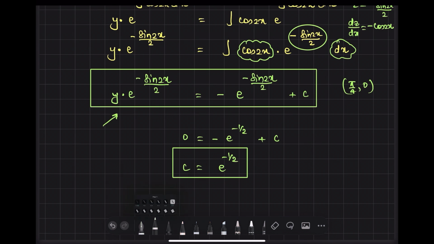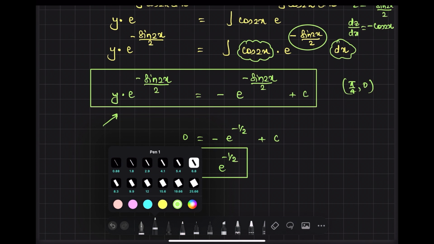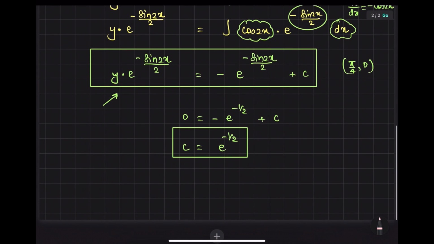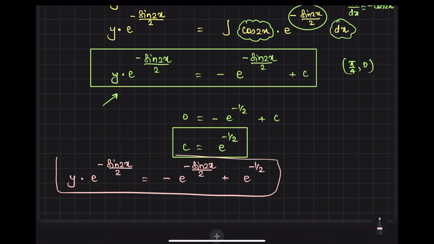Now let's write down the function again one more time. We have y times e power minus sine 2x by 2 is equal to minus e power minus sine 2x by 2 plus integration constant c, and the value of c is e power minus 1 by 2, which you have already calculated, correct?